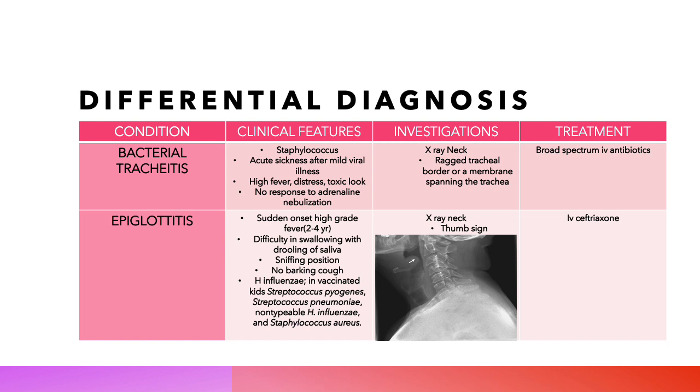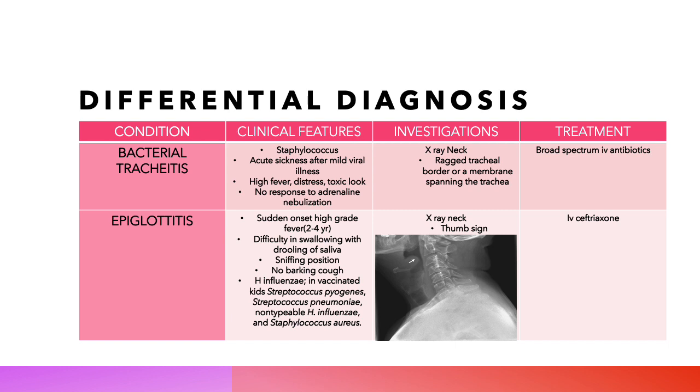How can we differentiate them? Bacterial tracheitis is a bacterial illness. It occurs most commonly as a complication of croup, and it is caused because of staphylococcal infection.